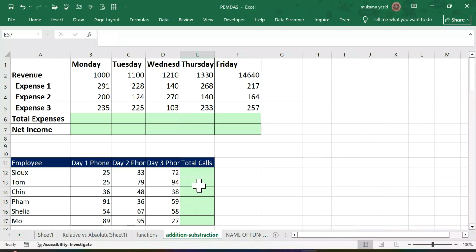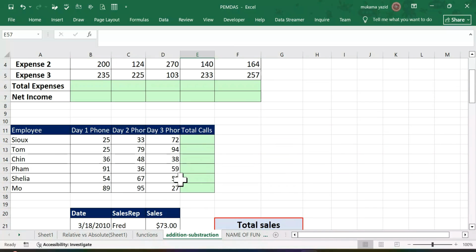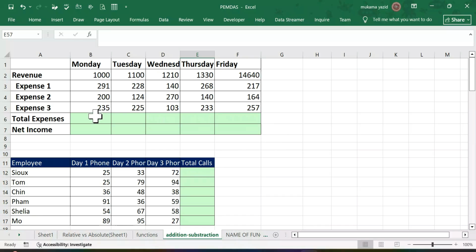Then let us go to this part here. Total expense: expense 1, expense 2, we must just add the expenses. Here, expense 1 plus expense 2 plus expense 3, then enter.